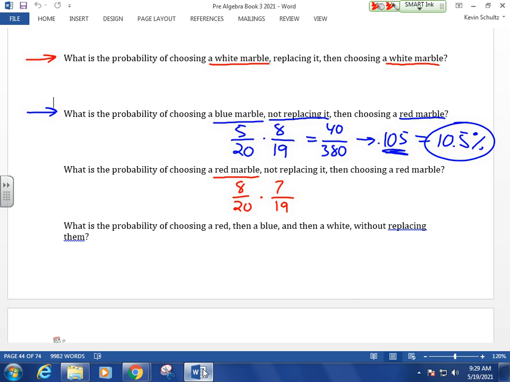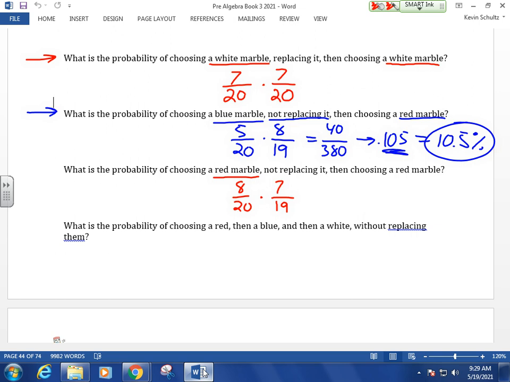So the probability of choosing a white marble is what? 7 white ones in the bag out of 20 total. You have a 7 out of 20 chance. Now it's important to note that you put that marble back. Right? So there are still 7 white marbles in the bag and still 20 total marbles in the bag when you reach in for your second pick. Okay?